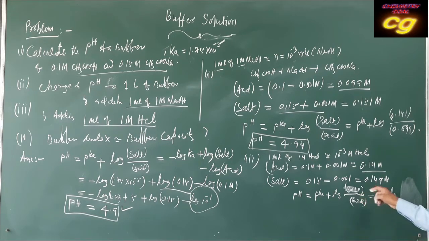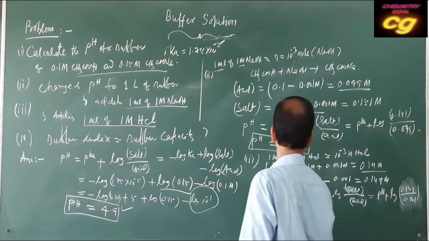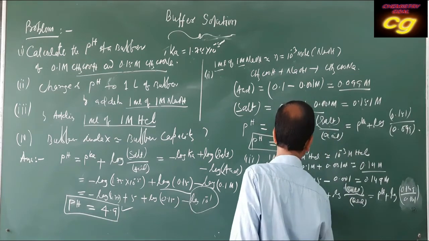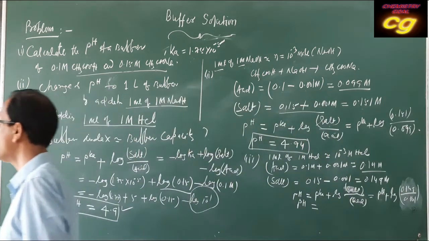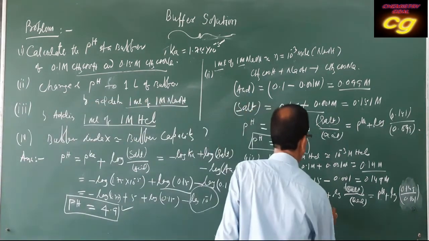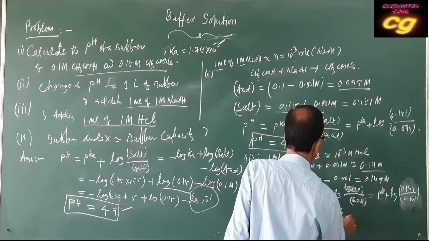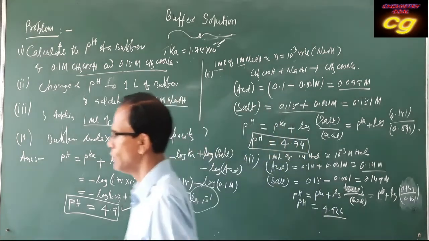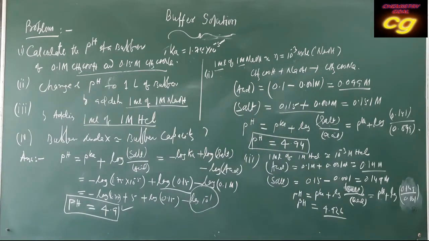Salt to acid: salt is 0.149 upon acid 0.101. If you calculate, the pH value will be 4.92, that is 4.926. So the change in pH is calculated.